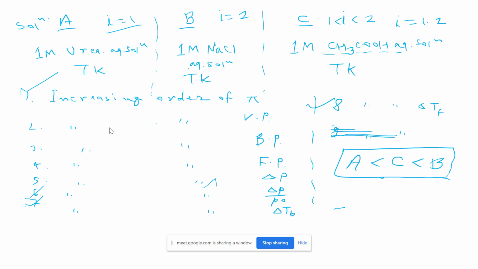The minimum freezing point is for that solution in which moles of solute are maximum. And here you have to take moles of solute as i into moles of solute, isn't it? Yes, sir. So find the answer for freezing point.